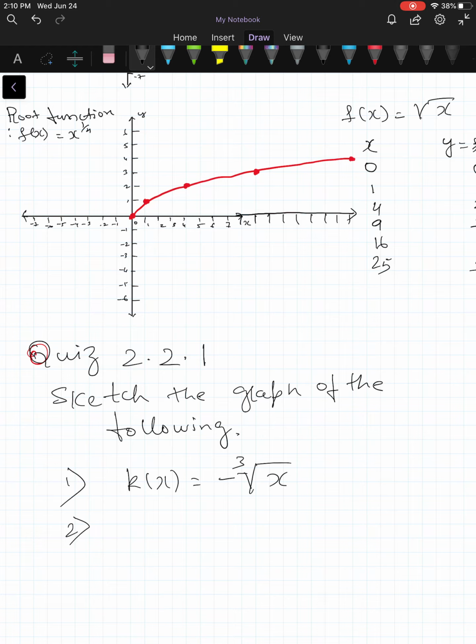You can use a calculator to find the values. Sketch the graph of the following using a table of values. The second function would be g of x is equal to x minus 1, the whole cubed.